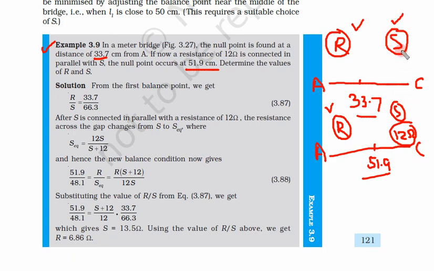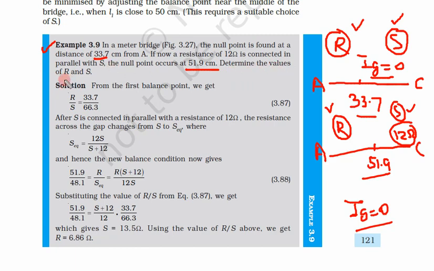Initially we take only S, but then we change this S by adding a 12 ohm resistance in parallel. This length becomes 51.9 from 33.7. This null length is when Ig is 0, the bridge is balanced. So these are two conditions when the bridge is balanced.